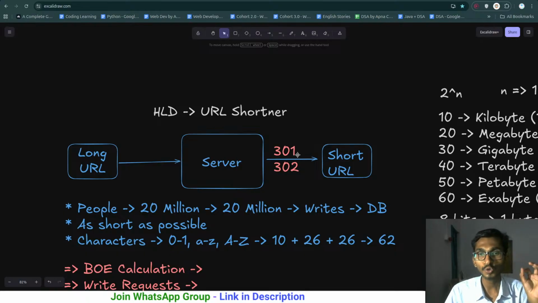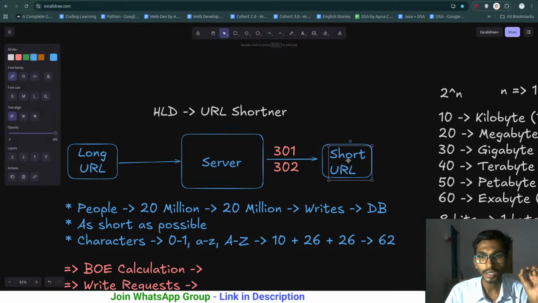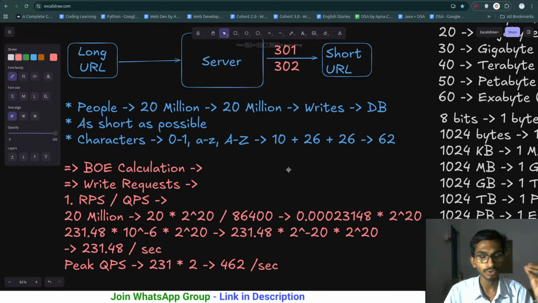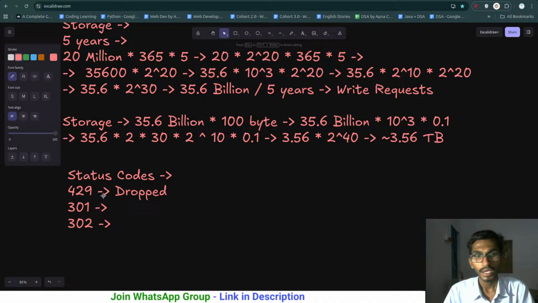For that, you want that whenever this short URL is clicked, the request actually comes to your server. Then from the server, it is redirected. It should not be redirected directly because of the cache. Hence, 302 is used. You can use 301 or 302, it depends on you. But this was something extra that I wanted to highlight here.